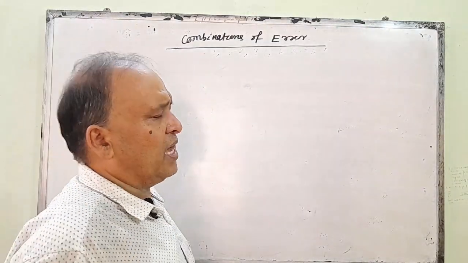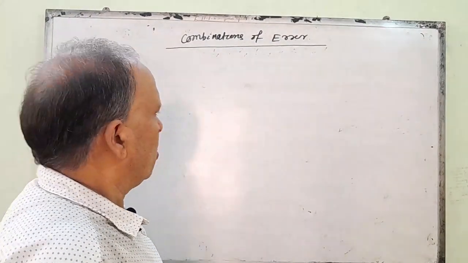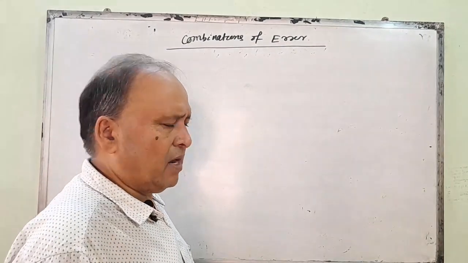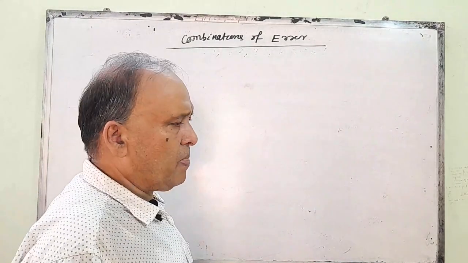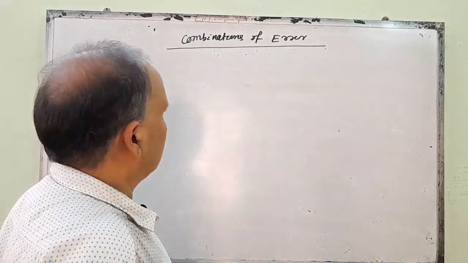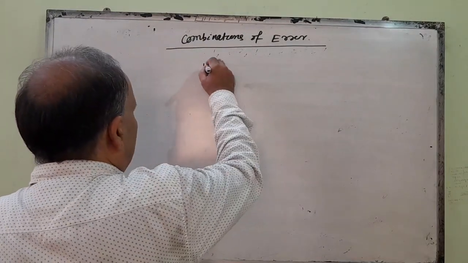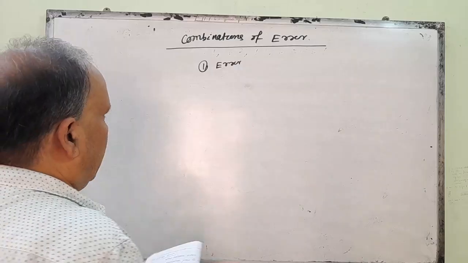Next come to your combination of errors. There are more than one term. When we combine them, having errors, how can we determine the error? First point is error of sum.